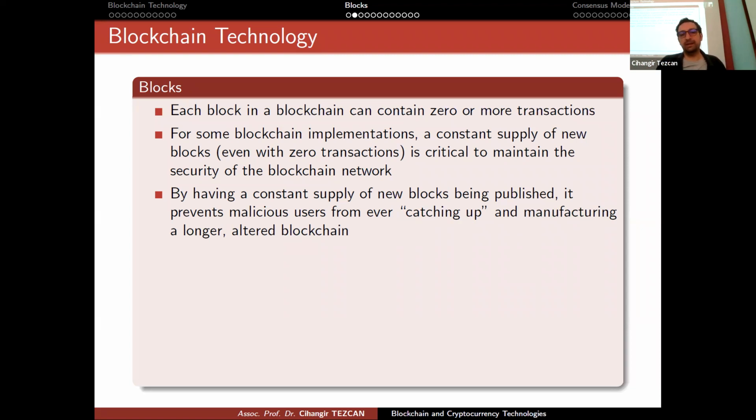If this does not happen, and in some cryptocurrencies this happened because people lost interest in that blockchain or in that cryptocurrency, so miners stop mining, the blockchain actually stops at some point, and that cryptocurrency becomes useless and nobody uses it anymore.